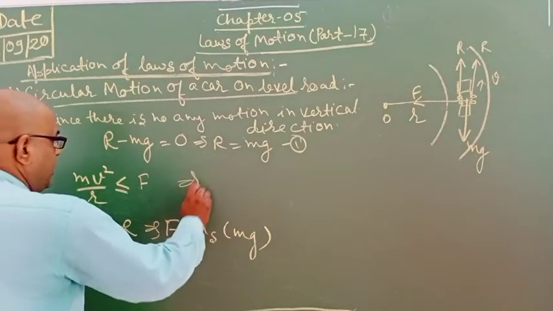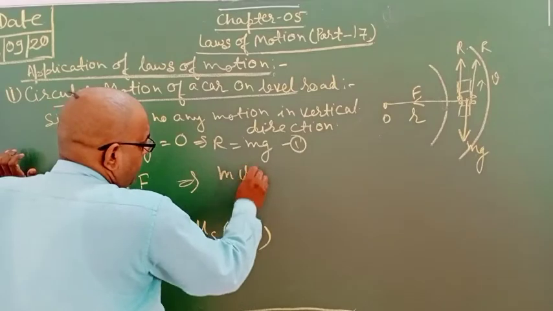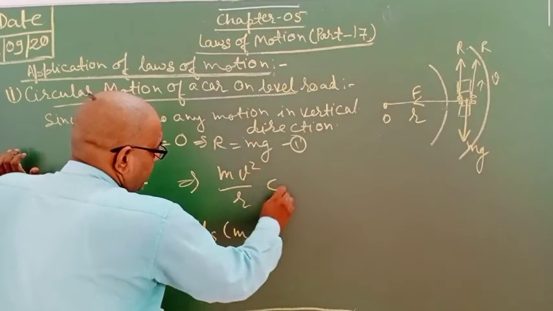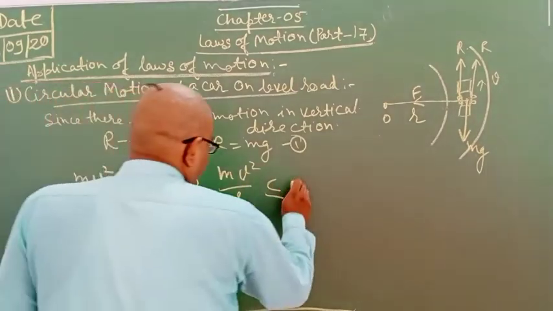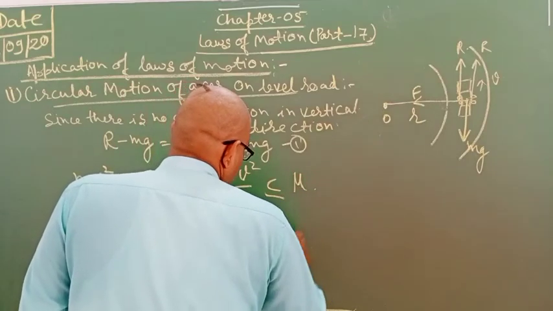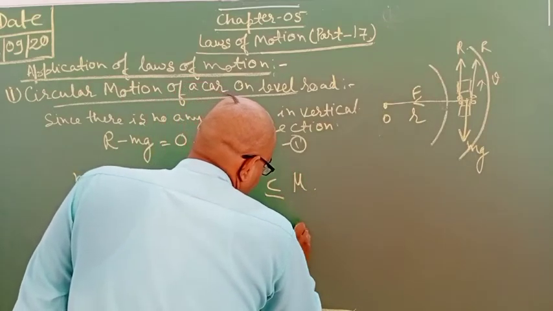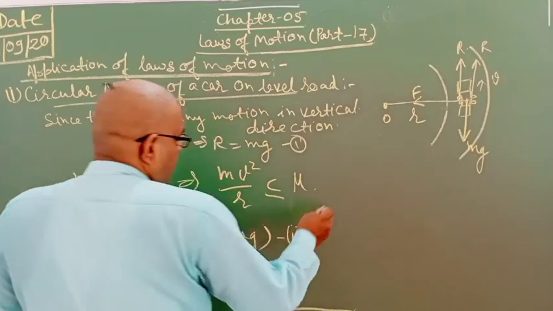Now replacing it here, mv square upon r is less than or equal to mu s mg. This is equation number 2.